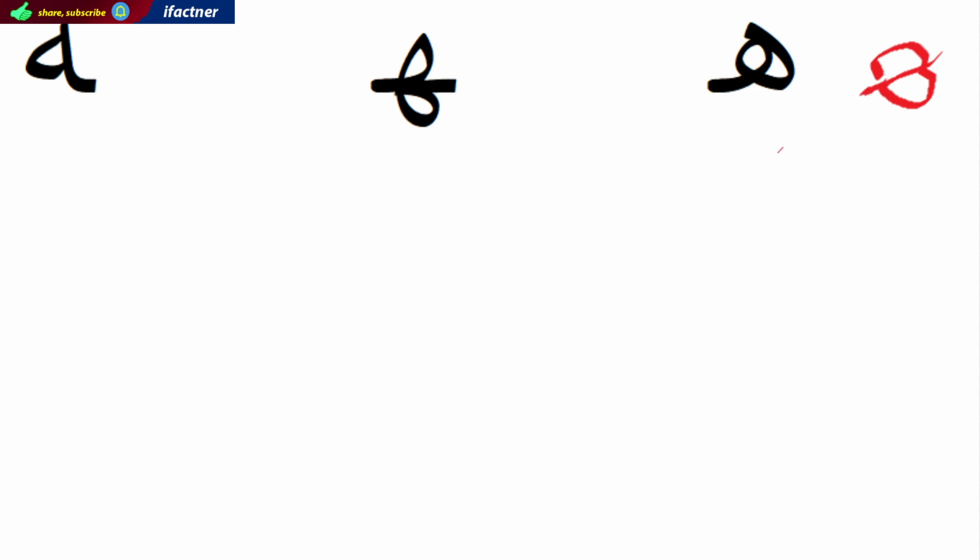Now this Hey doesn't appear at the beginning of the word. It always appears in the middle of the word or at the end of the word, and at the end of the word we write it just like this, and I will tell you in a short while.